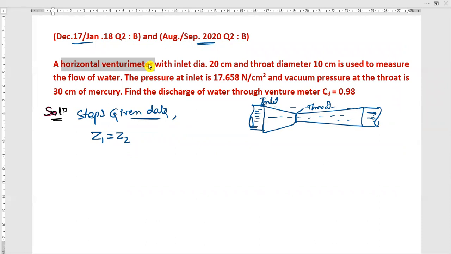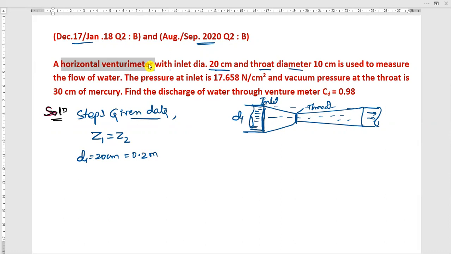Between the throat and inlet, they may use pressure gauges or piezometers, or you can use a manometer for measuring the pressure difference. With inlet diameter 20 centimeter, so diameter D1 is equal to 20 centimeter. I will convert it into meter, 0.2 meter.